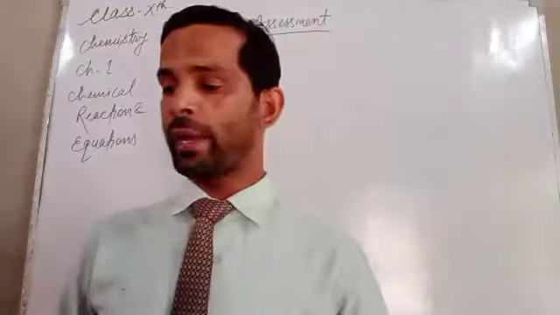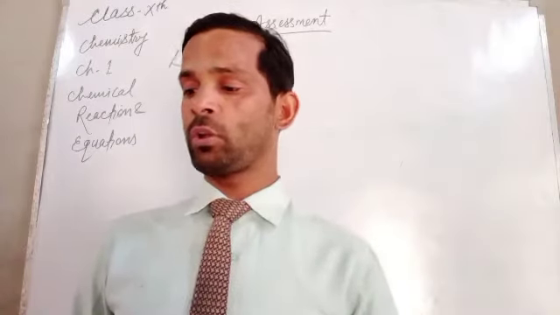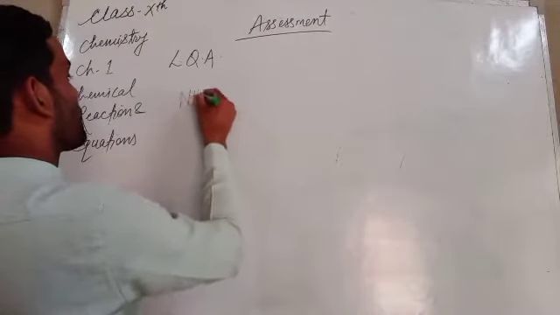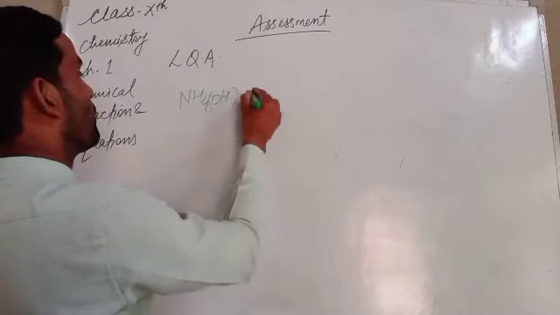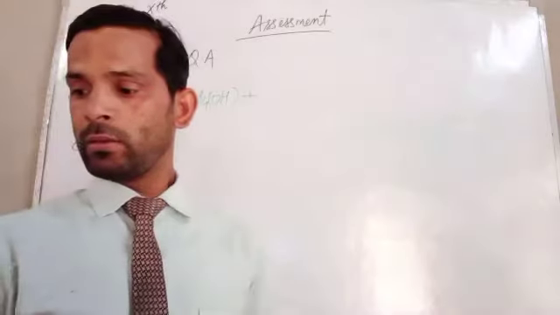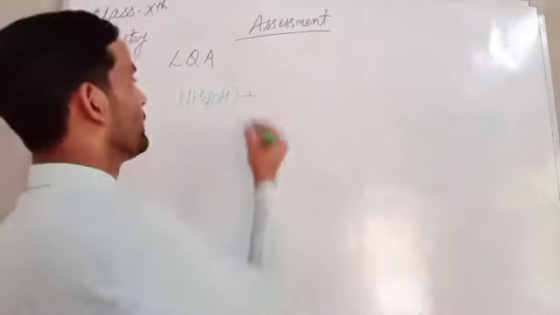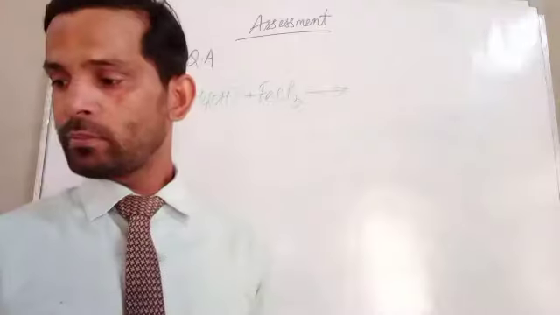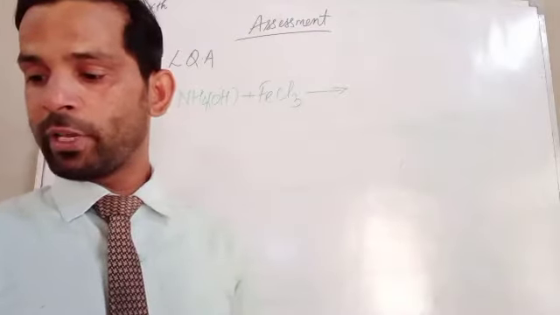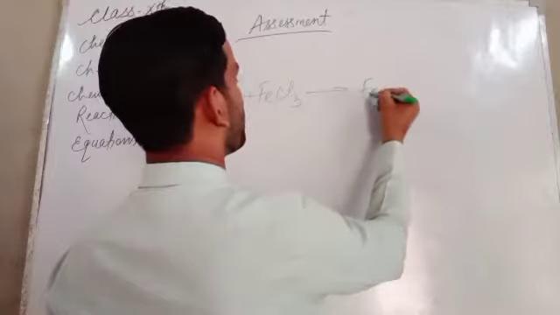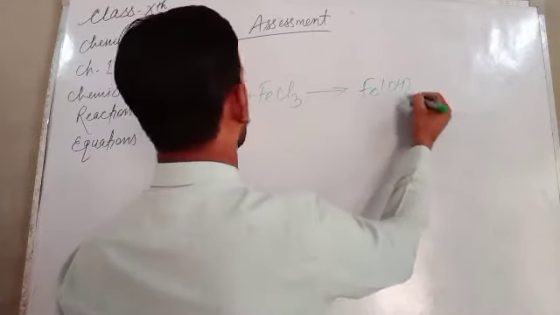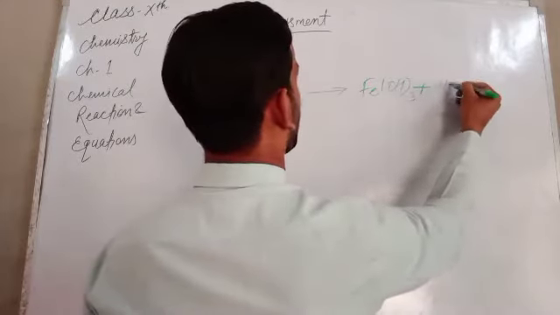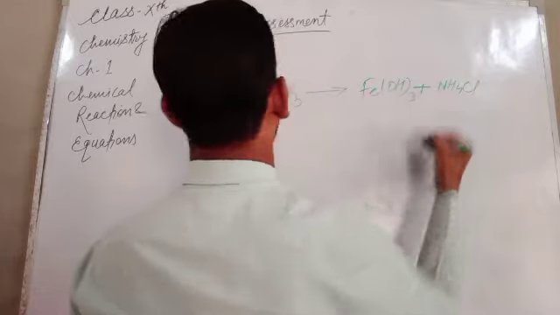When ammonium hydroxide, NH4OH, is added to the solution of ferric chloride, a brown precipitate of ferric hydroxide is formed: Fe(OH)3 plus NH4Cl.